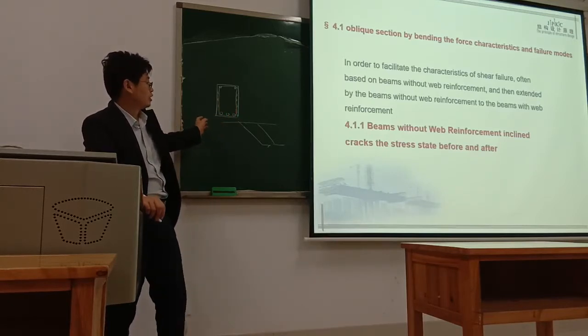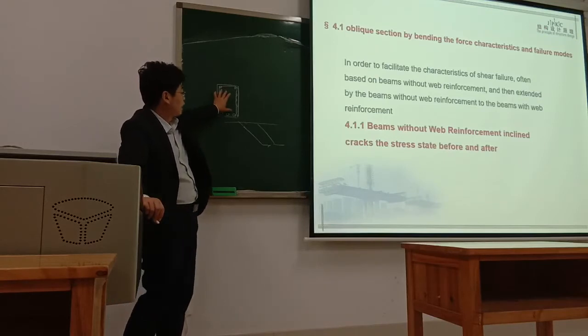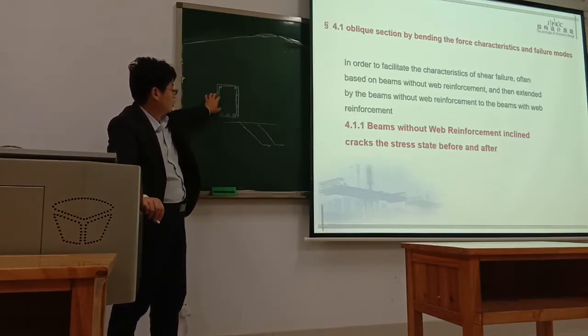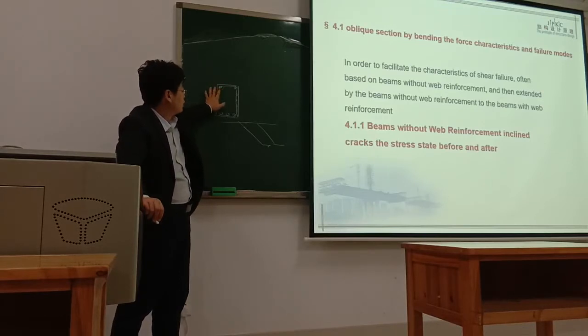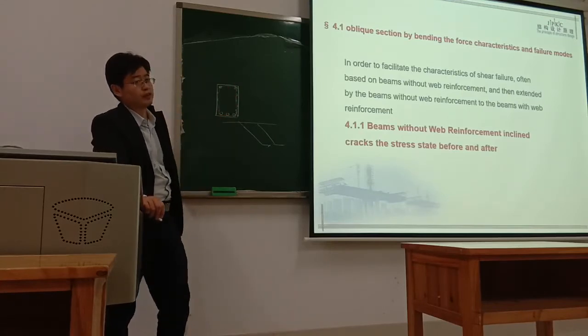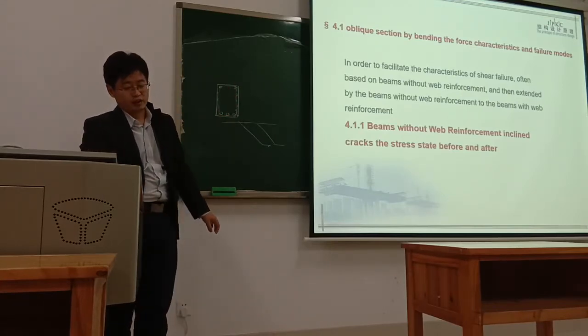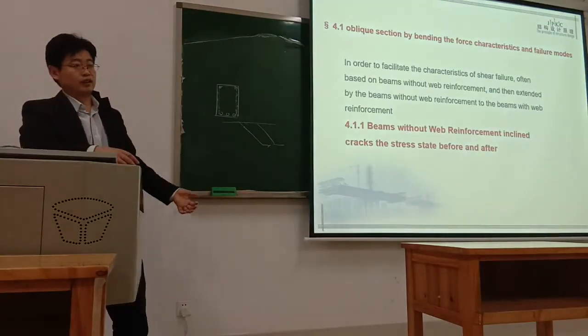So now we want to see what failure mode will be induced by the shear force. So normally we design a test. We design a model of the beam. First we don't put web reinforcement inside. We just put the longitudinal reinforcement inside to see what the failure mode will be under the action of the load.